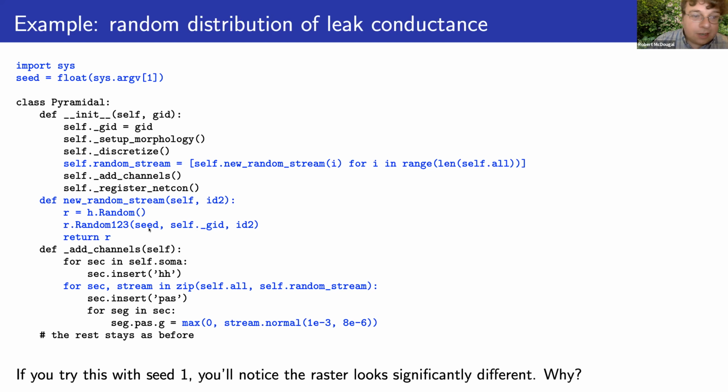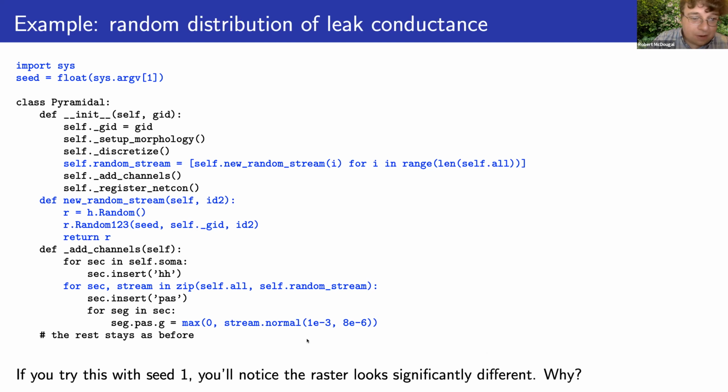Maybe I use my global seed, my GID, my cell identifier, and an identifier for which section I'm looking at. I'm looping over all the sections here, so this gives me a different random number stream for each section, and each section could set up independently and pull whatever variables it wants.